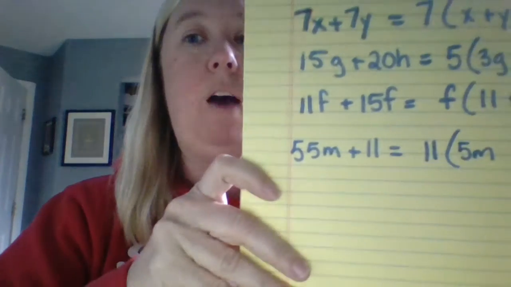I know 11 is prime, but I also know when I multiply a number times 11, I kind of just double that number. So I know 5 times 11 is 55, which makes me kind of happy in this case. So I can use 11 as the distributing factor across 5m, because 11 times 5 would be 55.